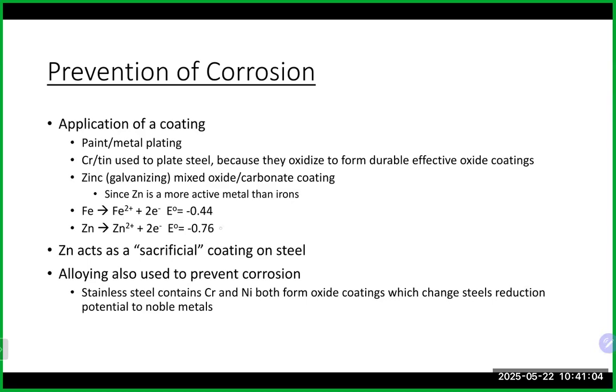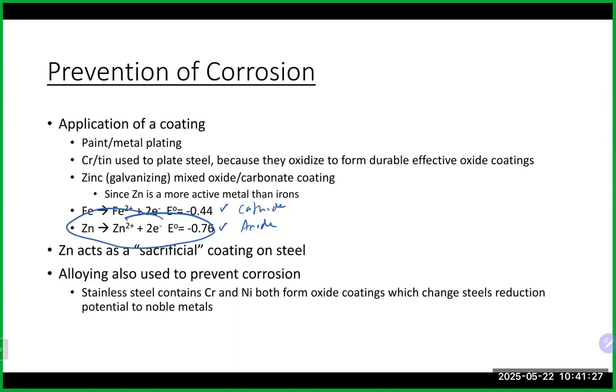Because when we coat the metal with zinc versus, say, iron, iron is now more positive than zinc, so iron becomes the cathode and zinc becomes the anode. So all the oxidation will occur on the zinc coating rather than the metal that's underneath it, and thus protecting the iron, which is what you want to do.